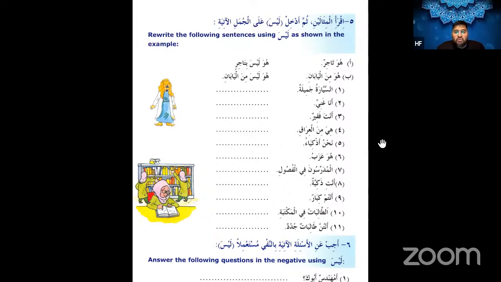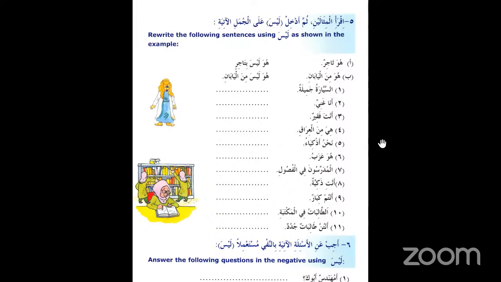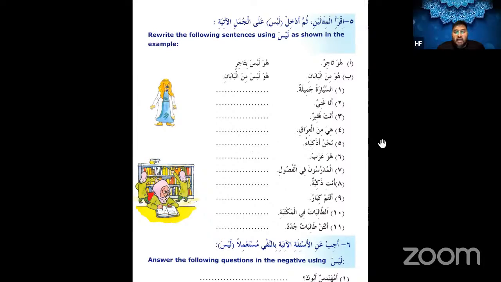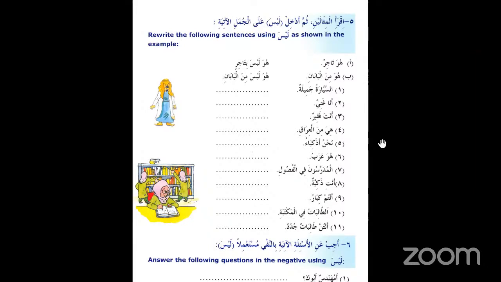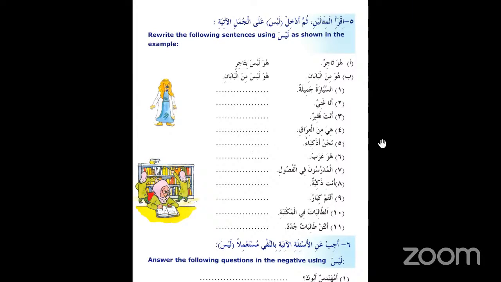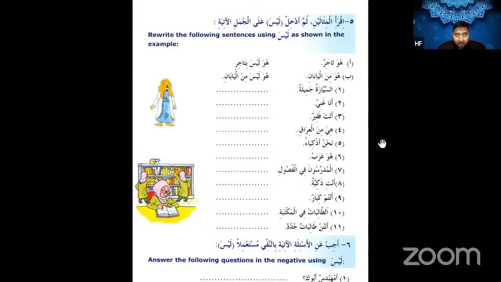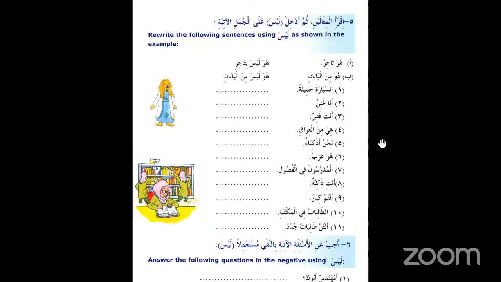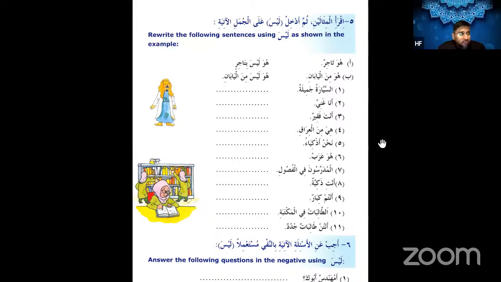When you say I am, because it's anti, you change that to lasti. Anti lasti bizakiyatin. Correct. Antum kibarun. Antum lastum bikibarin. Correct.